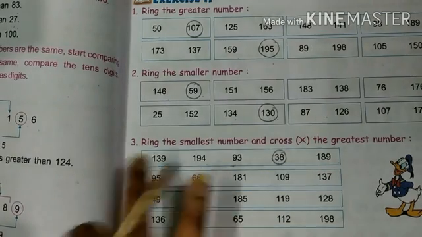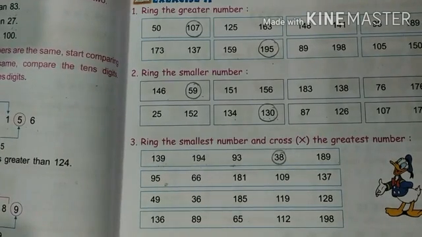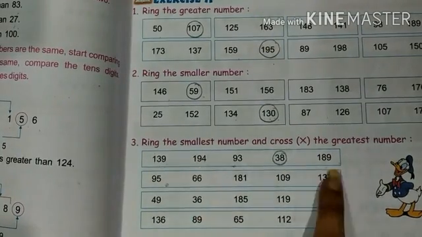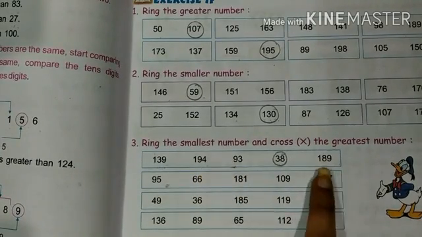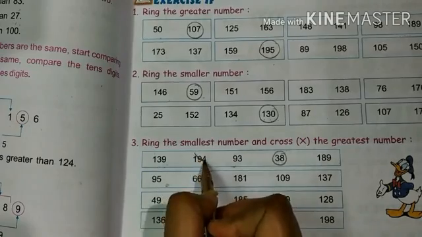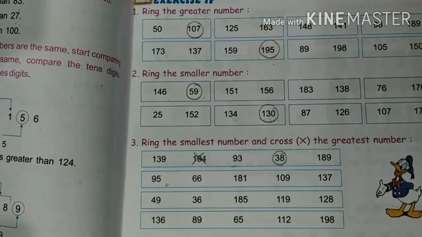So this is smaller than 194. Now compare 194 with 189. Again 1 and 1 are same. But here 9 is greater than 8. So 194 is the greatest number among all the numbers. Complete number 3 also.